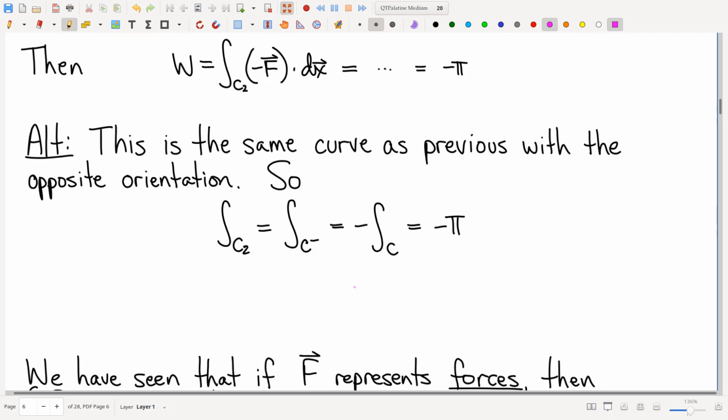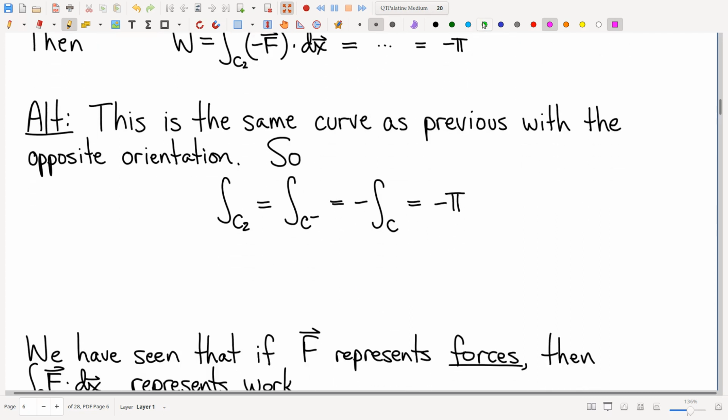So here it is. A lot of students like to say, okay, well, we already have the counterclockwise parameterization, right?